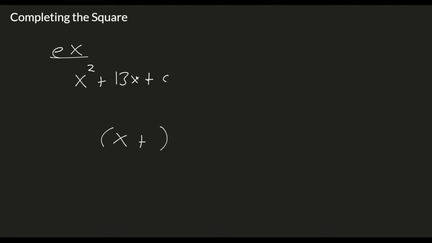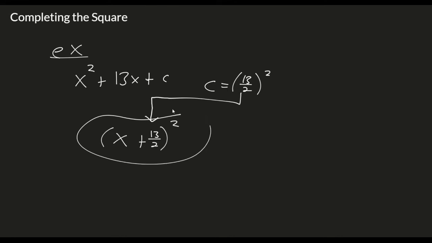Again, let's take note that our b value is 13, so c is equal to 13 over 2 squared. As I mentioned before, this 13 over 2 is a useful value. All I have to do is plug it in here, square my quantity, and I'm done. It really is that simple.